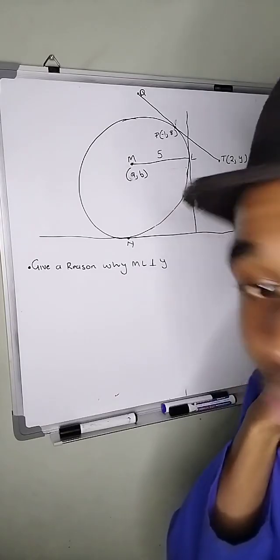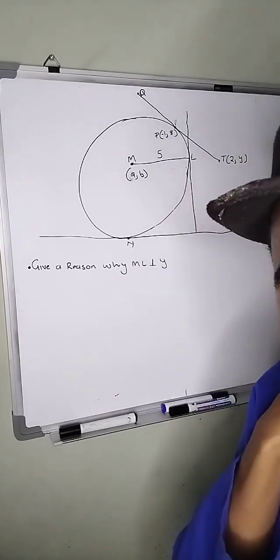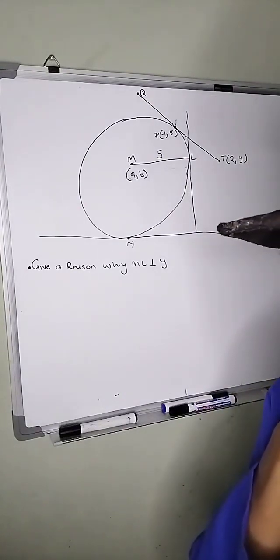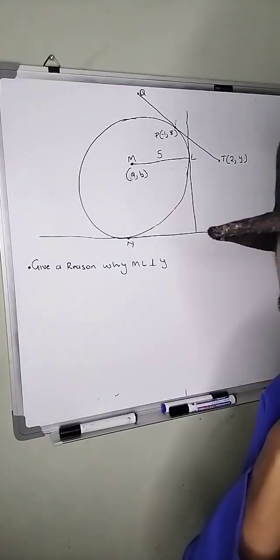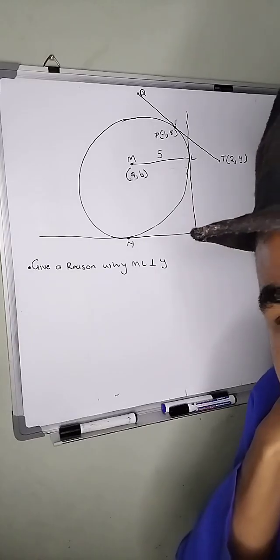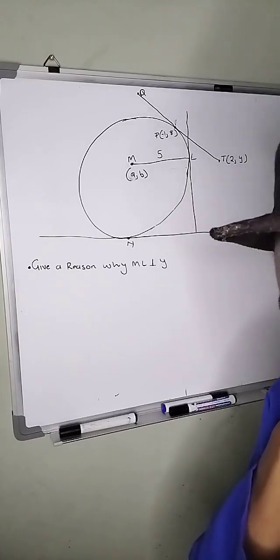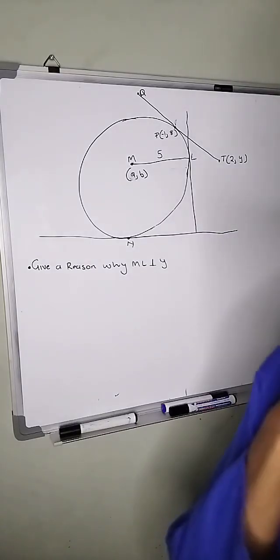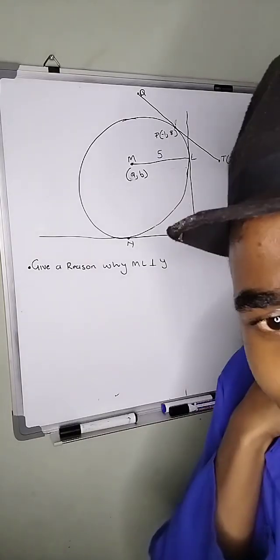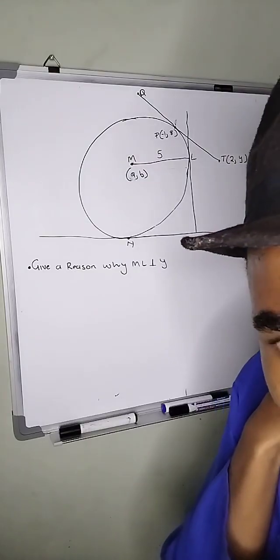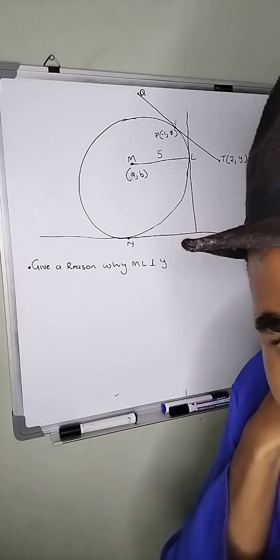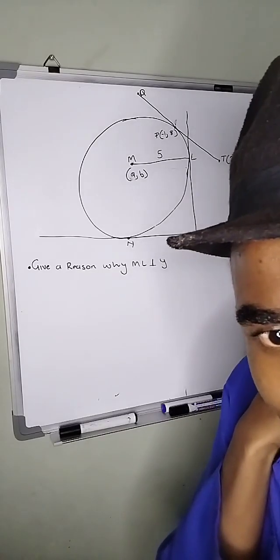Do we have a chord there? First theorem. What is the first theorem saying? Tangent perpendicular to the radius.